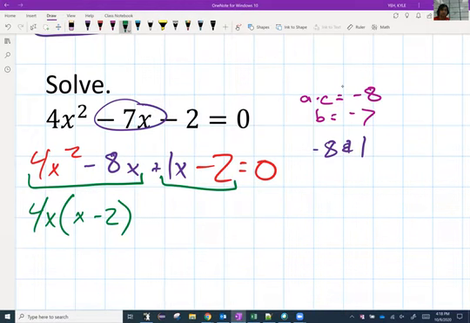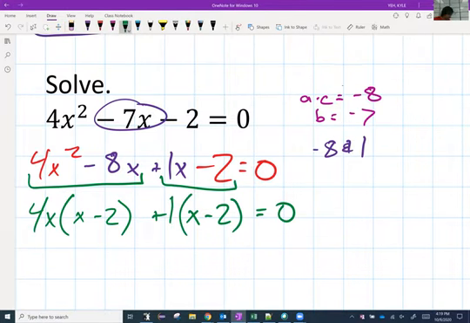So what can we pull out? Well, if there's nothing else to pull out, we can just by default always pull out a 1, right? We could pull out a positive 1, leaving me with x minus 2. That doesn't change anything. So pulled out a positive 1.